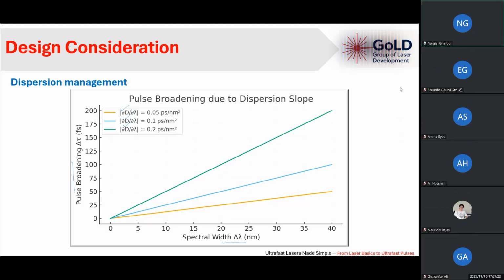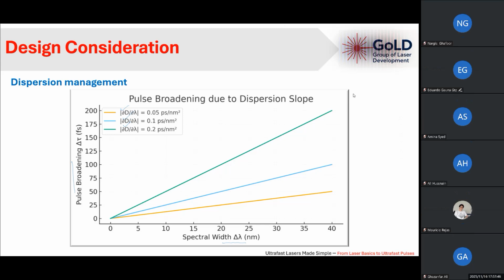And the spectral bandwidth along the x-axis is also increasing. Yes, so we are discussing here pulse broadening, not the pulse duration. Pulse broadening, so don't get confused. Thank you very much.